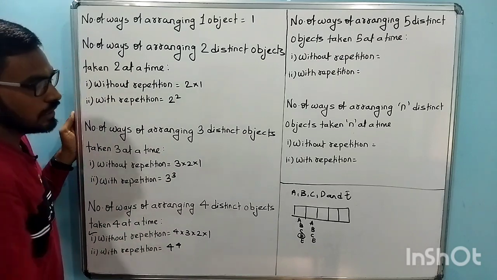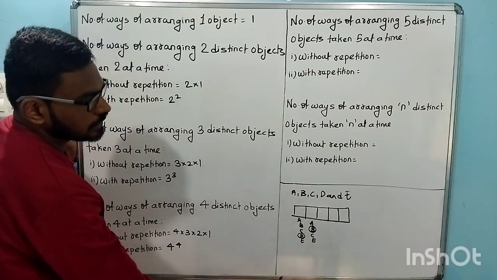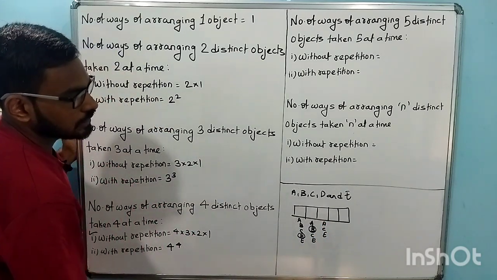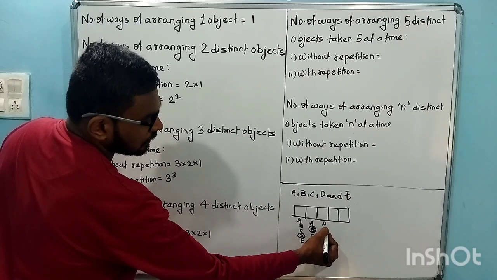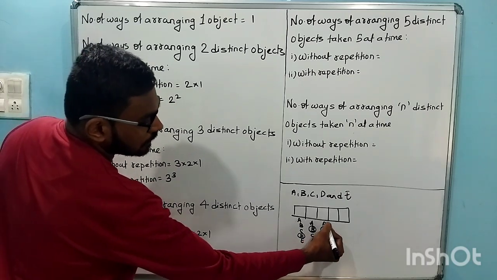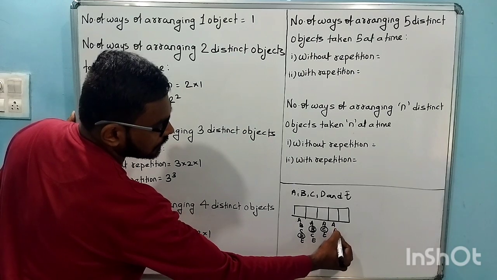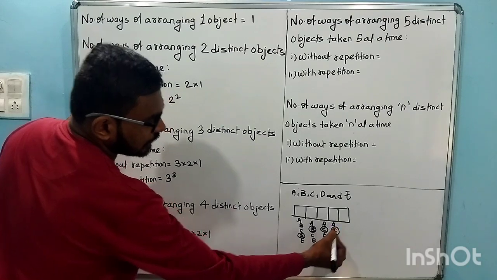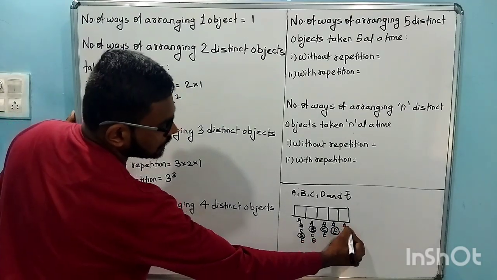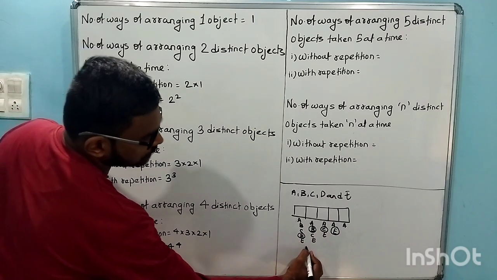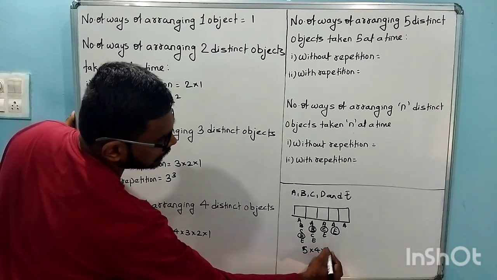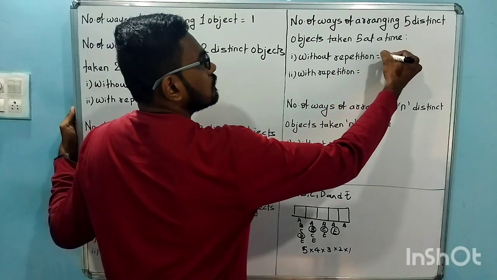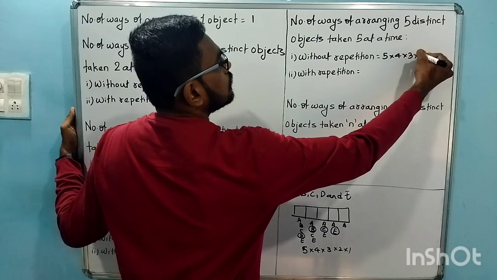Again, if we have selected any one of these, then for the third place we can't select that and we have 3 choices remaining. Then we have 2 choices now, because this we can't select. Again here also, if we select any one, we can't select that for the next place, so we only have 1 choice. So without repetition, 5, 4, 3, 2, 1.